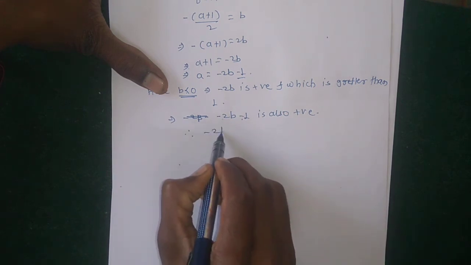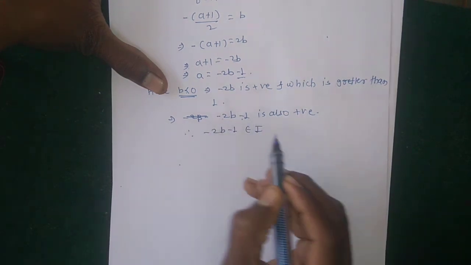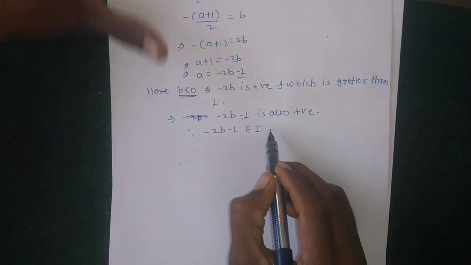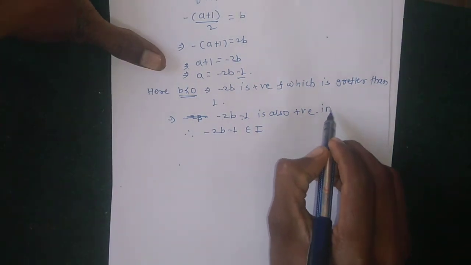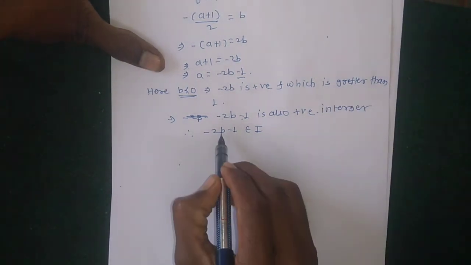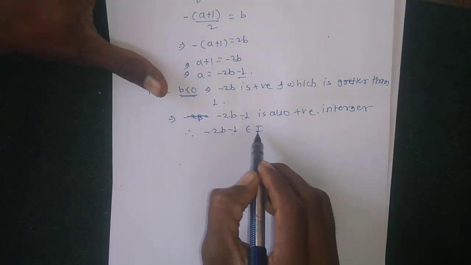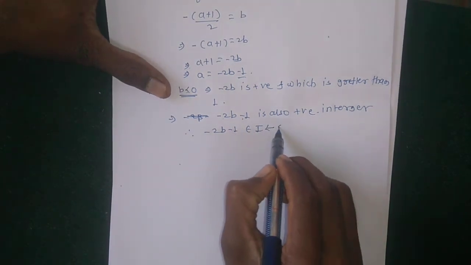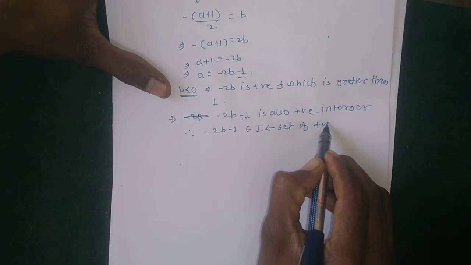Therefore -2b minus 1 belongs to I, because I contains all positive integers.